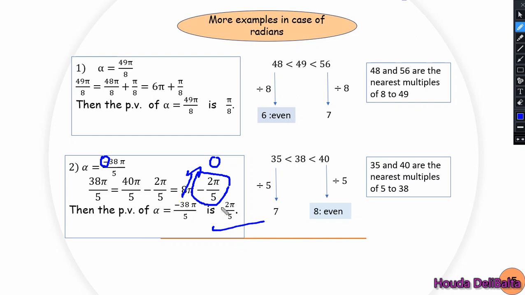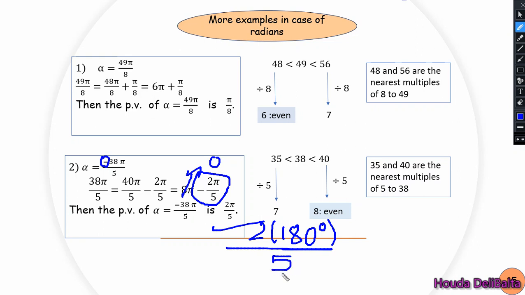So notice that 2 is less than 5, then surely the numerator is less than the denominator, and this is the real principal value of this angle alpha. And if you want to make sure, all you have to do is replace pi by 180 to know the measurement of this angle in degrees, and to make sure that it is less than 180.